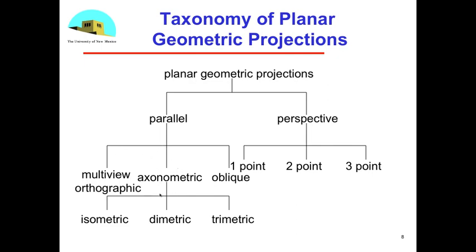Then I'm going to wind up with the axonometric views, three types. And if I take another restriction away, I'm going to get the oblique views. And those are like the plan oblique we saw in a couple of slides ago. For perspective, generally we'll just define what a one, two, and three-point perspective are. But first let's look at the different projections.